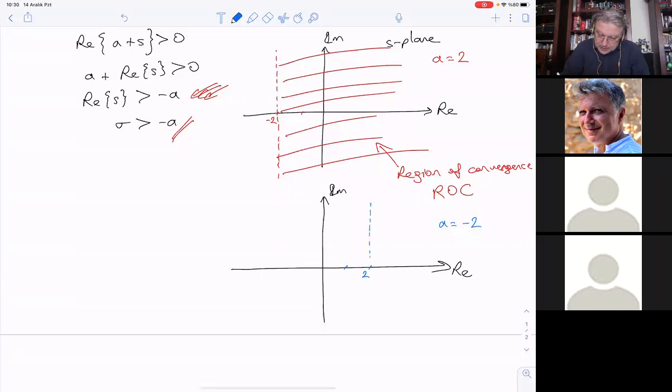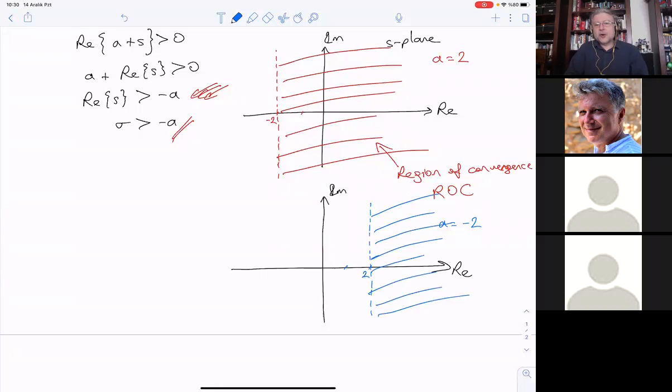It's here, to the right side of 2. This is the region of convergence. For the red one at the top, we had a region of convergence which is a little bit larger, starting from minus 2 to the right.